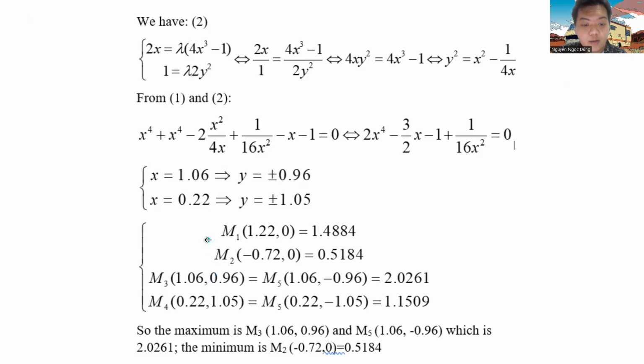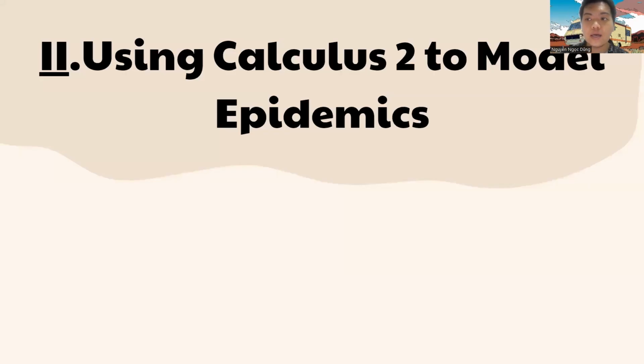So the maximum is at the points M3, 1.06 and 0.96, and M4, 1.06 and minus 0.96, with value 2.0261, and the minimum is at M2, minus 0.72 and 0, with value 0.5184. And next up, we will talk about the real application of calculus 2.